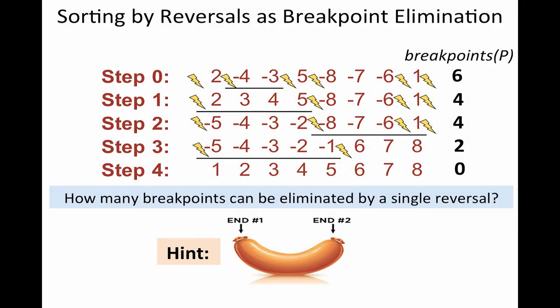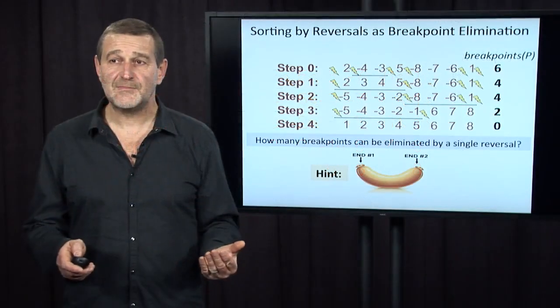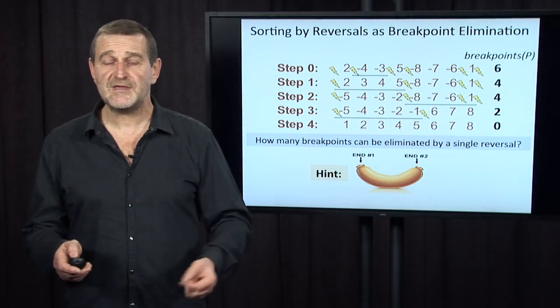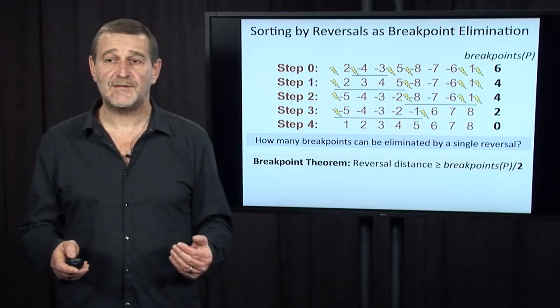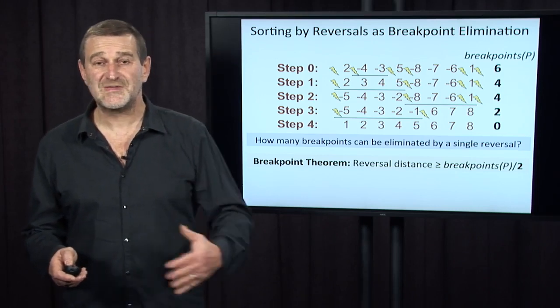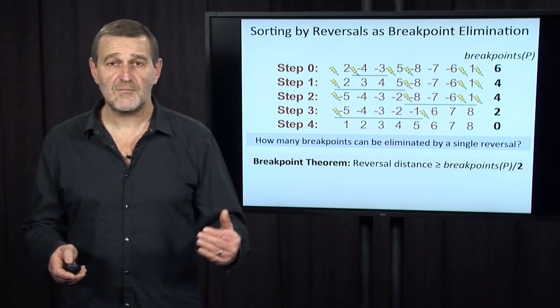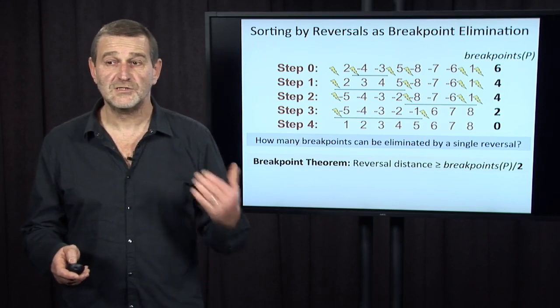And therefore, the only breakpoints that can be affected by reversals are the 2 breakpoints at the ends of the reversal. And since at every step the number of breakpoints can be reduced by at most 2, we have the breakpoint theorem. Reversal distance should be larger or equal than the number of breakpoints over 2.